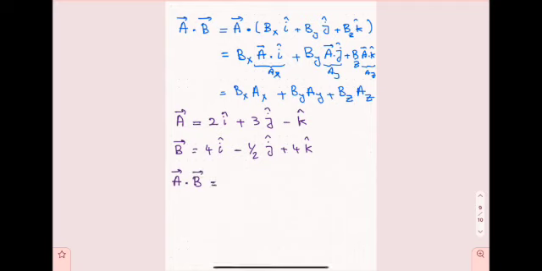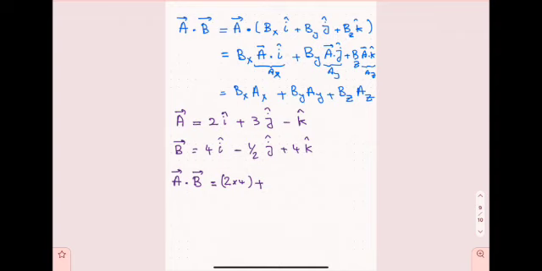So according to what we just learned, we need to multiply the relevant values. So here, Ax times Bx, so 2 times 4. Yeah? This 2 times 4, Ax and Bx, plus the Ay and By multiplied together.